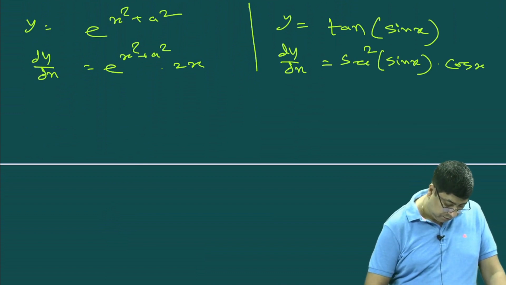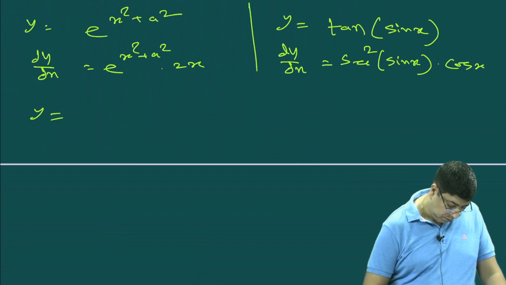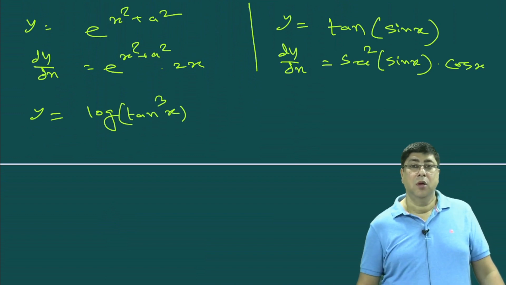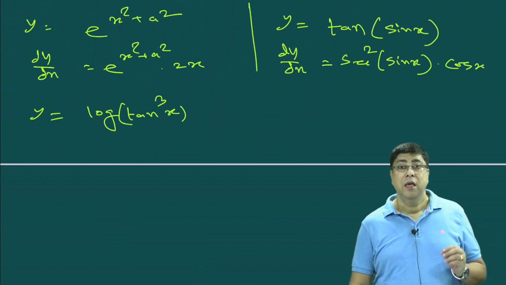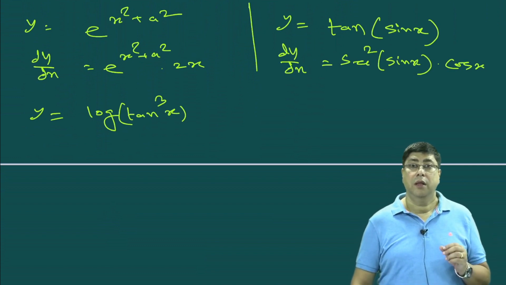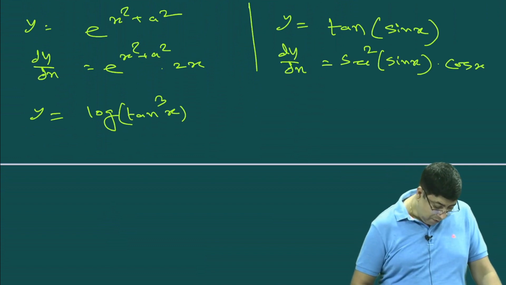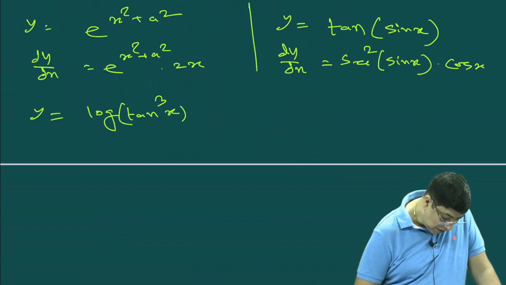Next, y equal to log of tan cube x. This type of sums. Log means if nothing is given, by default the base of the log is e. Therefore, first of all, let us simplify. y equal to 3 log of tan x.